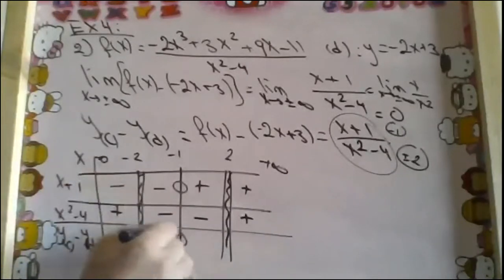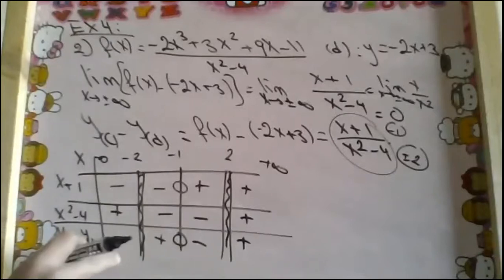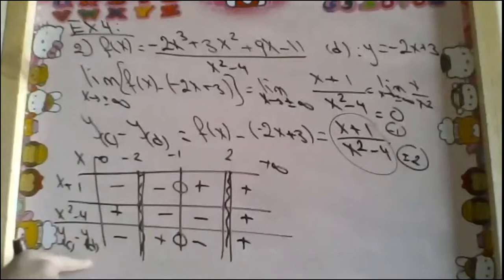Positive, 0, negative and positive. Now to study the relative positions: if yc minus yd is negative, it means that the curve is below the line.